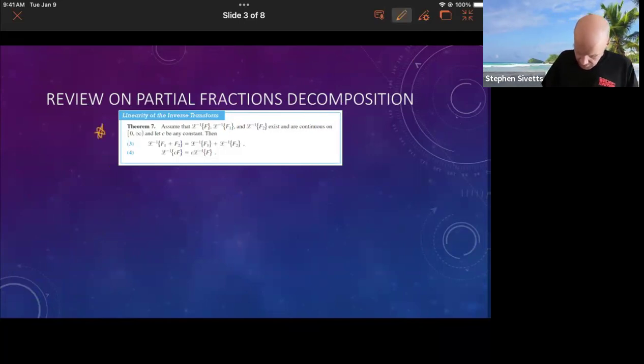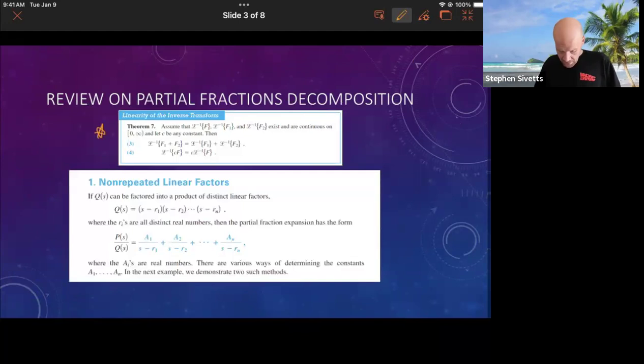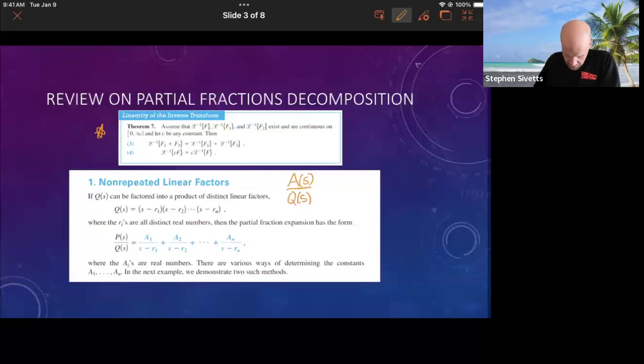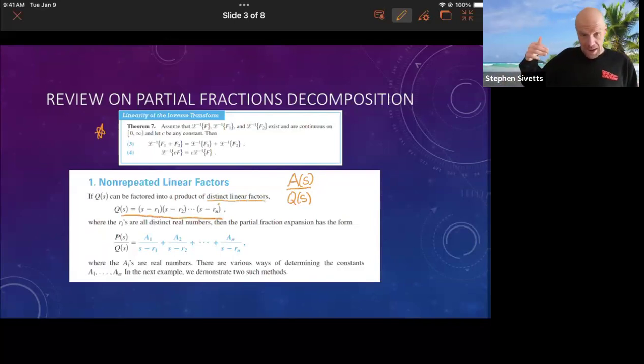And the first case is if your fraction, P of S over Q of S, has Q of S that can be factored into a product of distinct linear factors, where R1, R2 through Rn are not equal to each other. So Ri does not equal Rj.